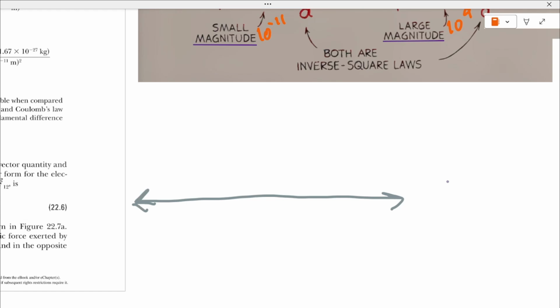We have a positive charge here, a positive charge here, and a negative charge here.